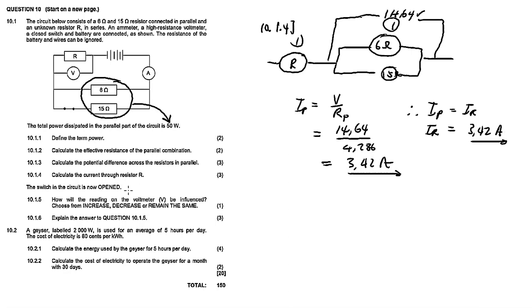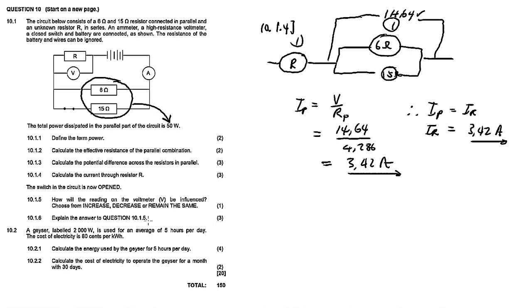And then let's see the next question. The switch in the circuit is now opened. So we open the switch now, right? How will the reading on the voltmeter be influenced?